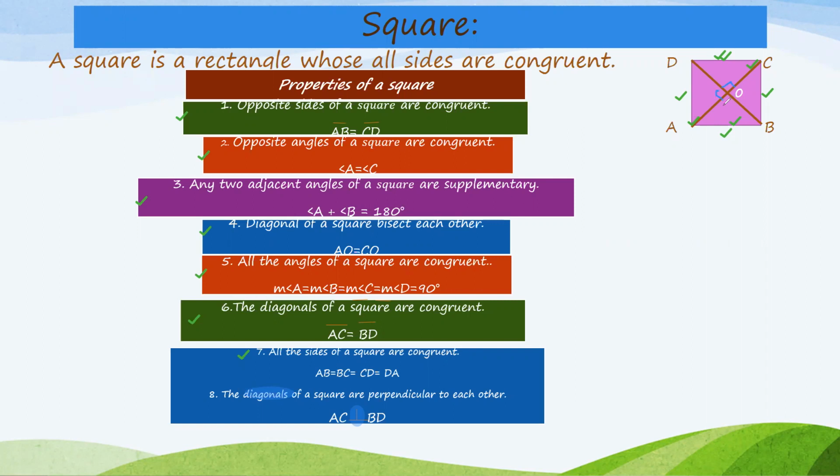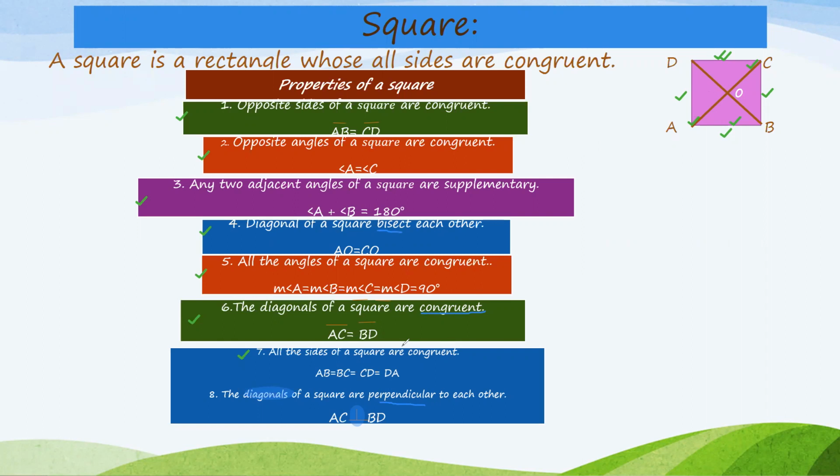Okay. Their diagonals are perpendicular to each other. So what are the 3 properties for the diagonals of the square? That they bisect each other, as well as they are congruent and they are perpendicular to each other.